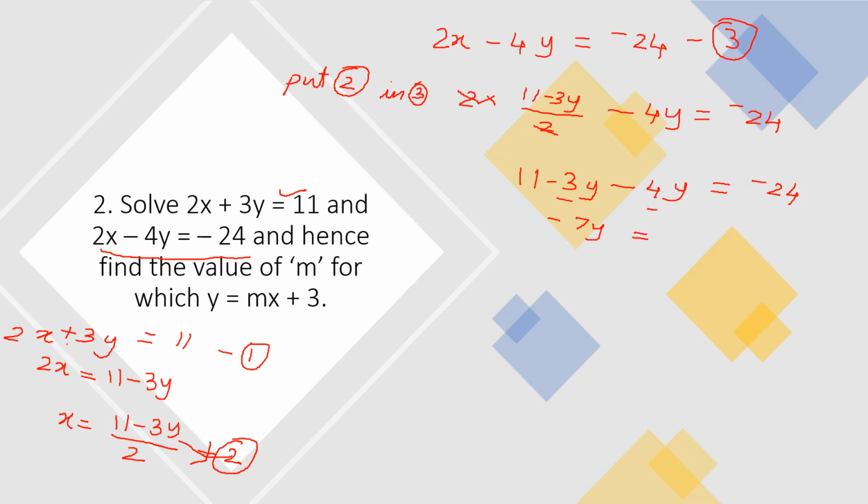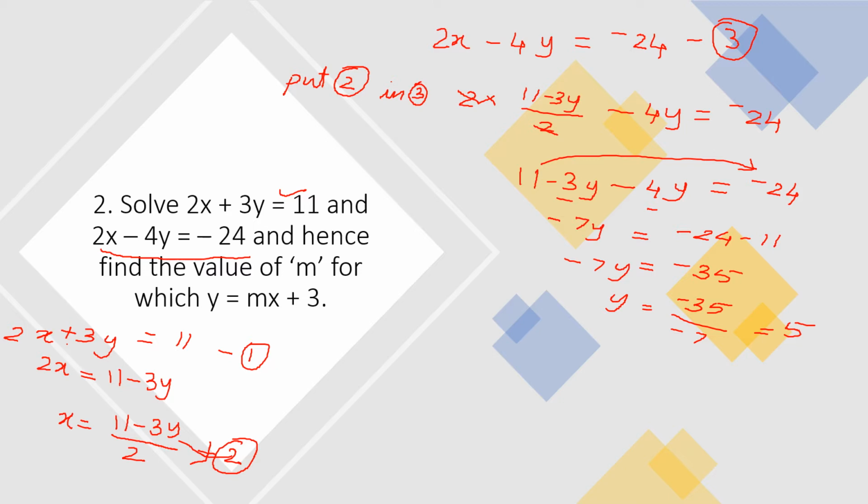Yes, correct. Now you have 11, you take to the other side, you get minus 24 minus 11. That is equal to minus 35. So you get minus 7y is equal to minus 35, or y equal to minus 35 by minus 7, that is equal to 5. Is it clear? Minus 35 by minus 7 is equal to 5.